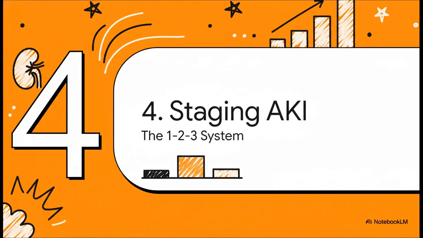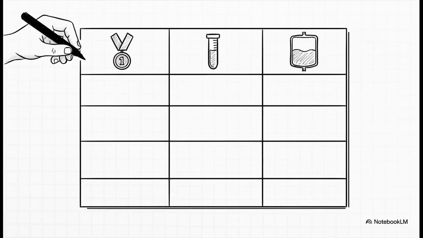Okay, so once we've made the diagnosis of AKI, the very next step is to figure out how severe it is. For that, the KDIGO framework gives us a nice and simple 1-2-3 system. We're actually going to draw this staging table out, because this is something you absolutely have to know for your exams. So on our whiteboard, let's make 3 columns, one for the stage, one for the creatinine criteria, and one for the urine output criteria.